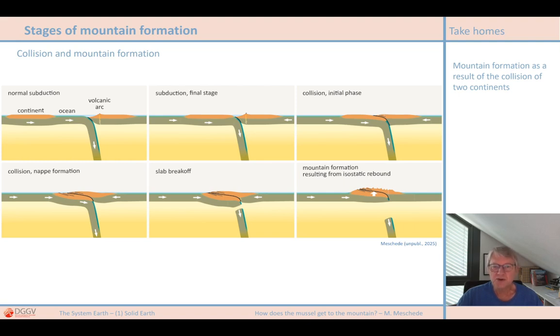This process is called slab break-off. I'll discuss this phenomenon further in the context of subduction. Only after the slab break-off has occurred, as can be seen in the last two steps, does the actual uplift of the mountains begin. And this is a consequence of the isostatic compensation.